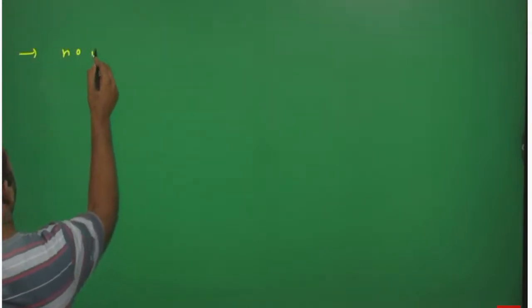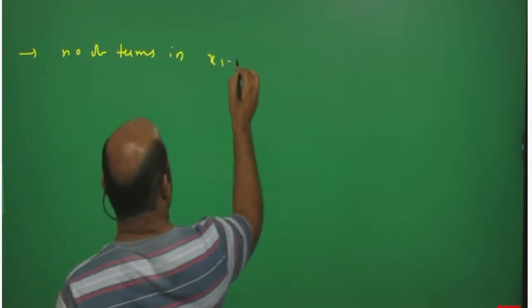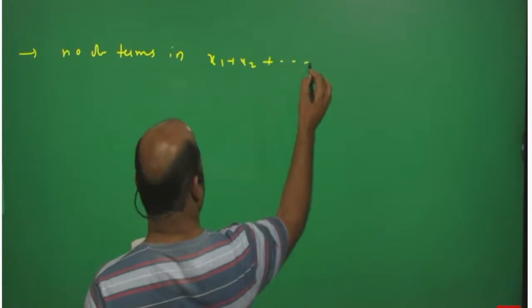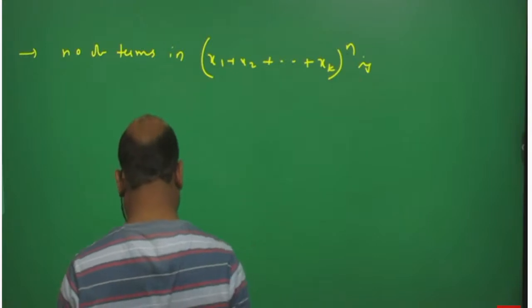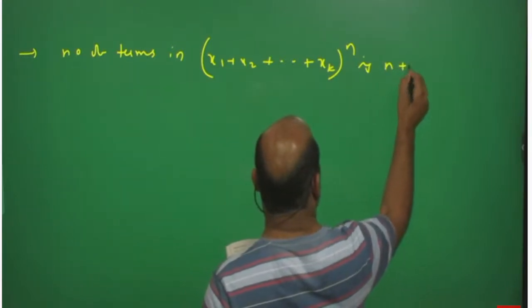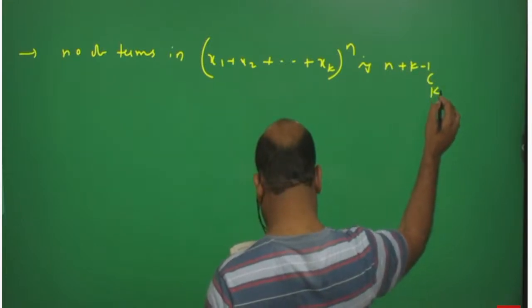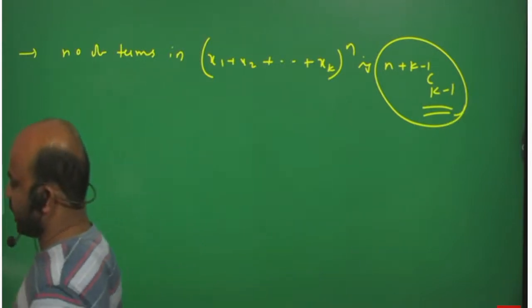The next thing you have to learn here is the number of terms in the expression (x plus 1)(x plus 2) and so on (x plus k) whole power n is (n plus k minus 1) C (k minus 1). Can you remember the formula? (n plus k minus 1) C (k minus 1).